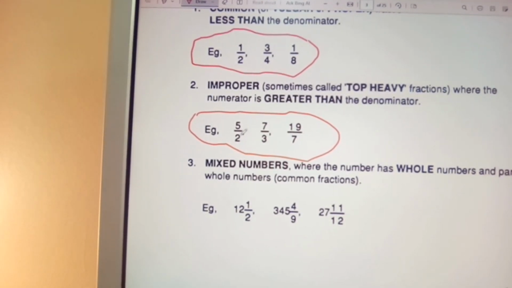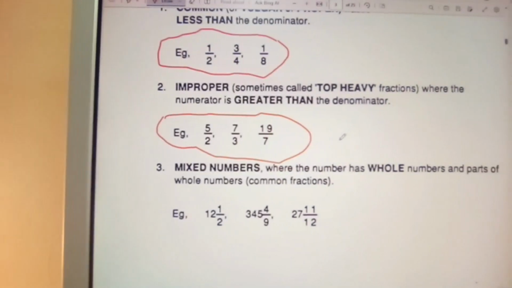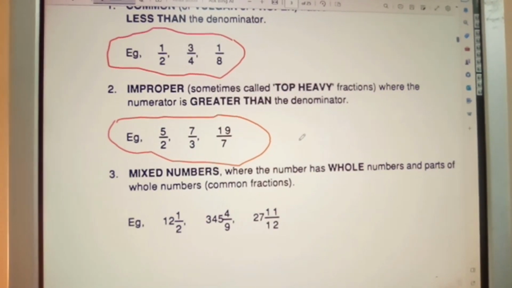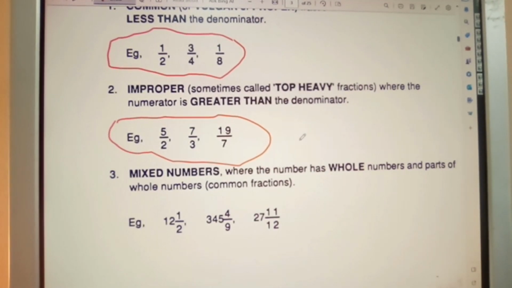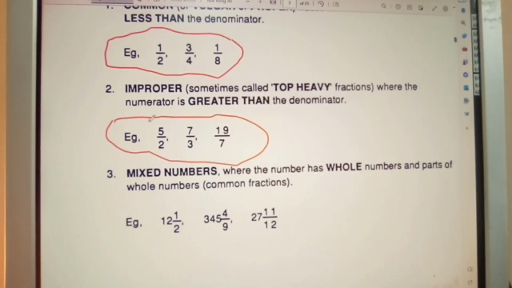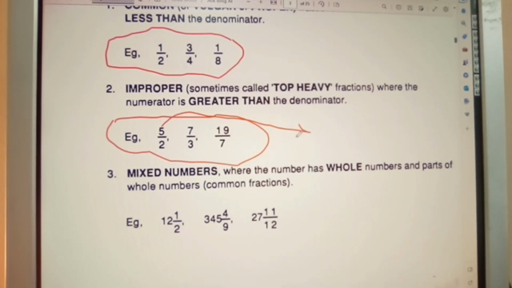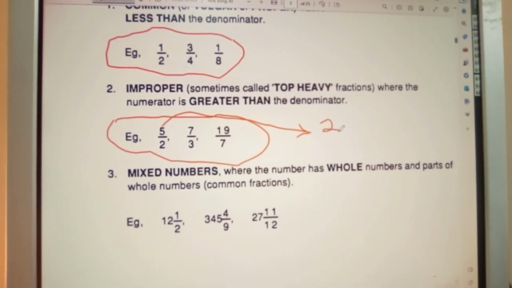That's 5 over 2, 7/3, 19/7, and that's how we would refer to them. Now, if we were to look at this one here, we can almost say that this would be equal to 2.5.